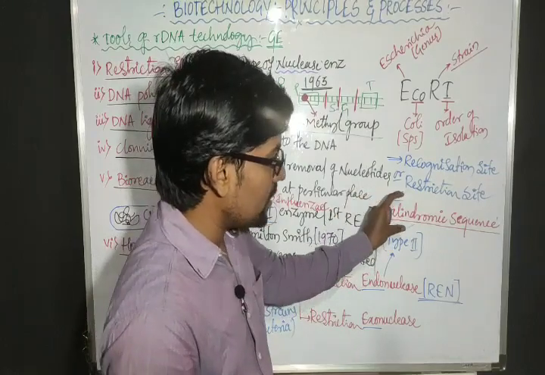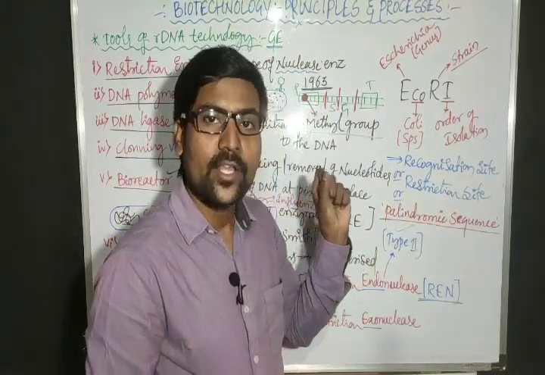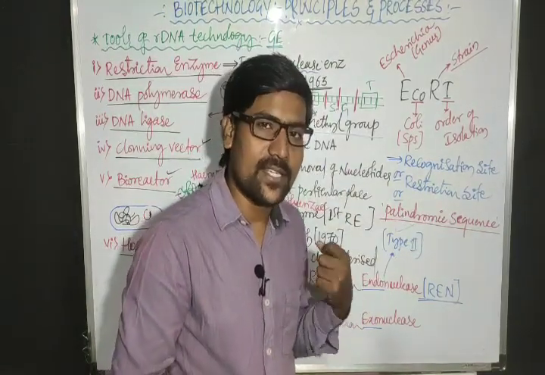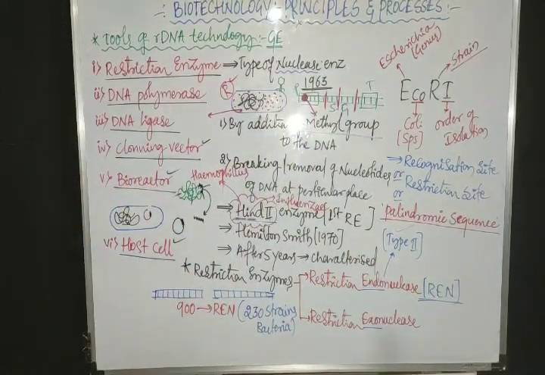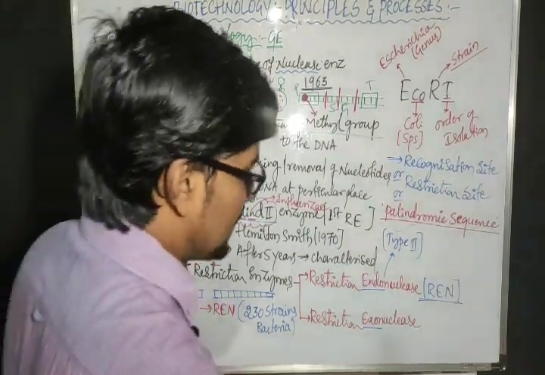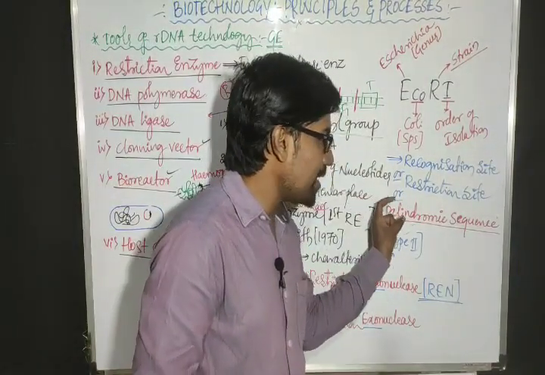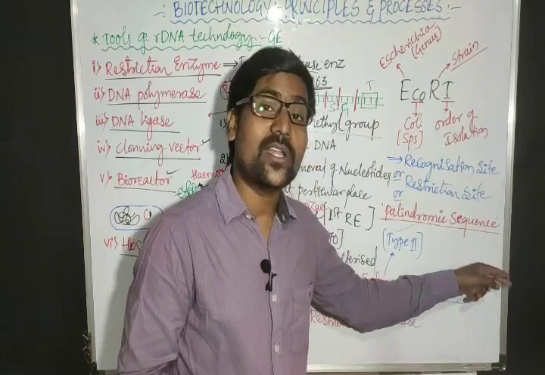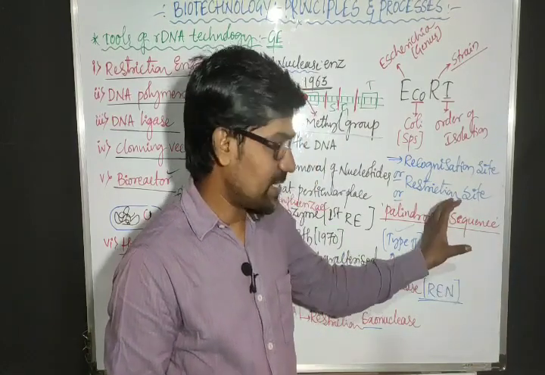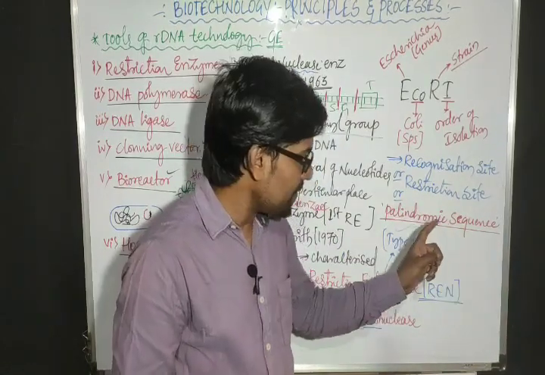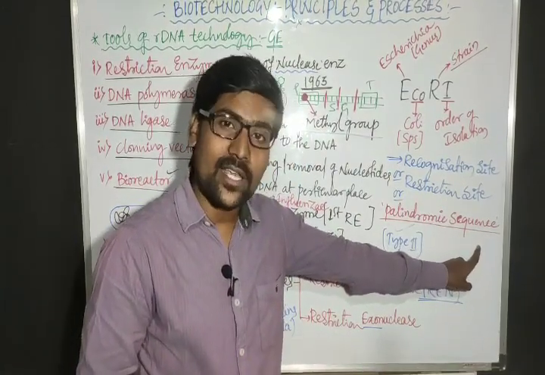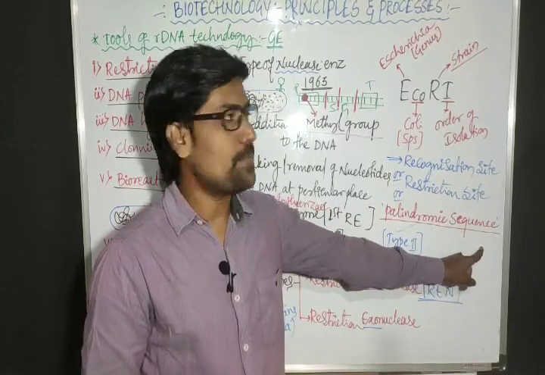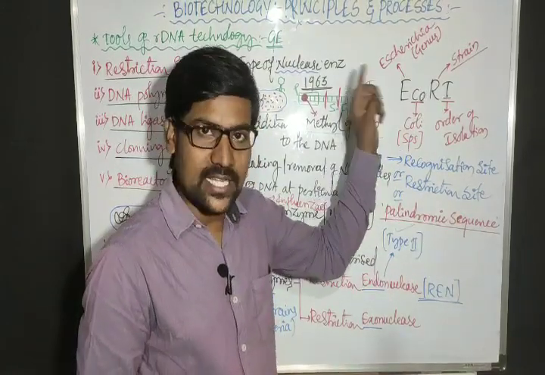So this is the important term here, palindromic sequence. What actually is this palindromic sequence, and what is its importance? As I said, the palindromic sequences are the special sequences on the DNA to be cut by these restriction enzymes.